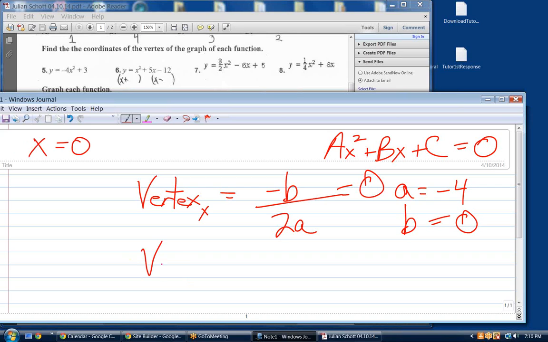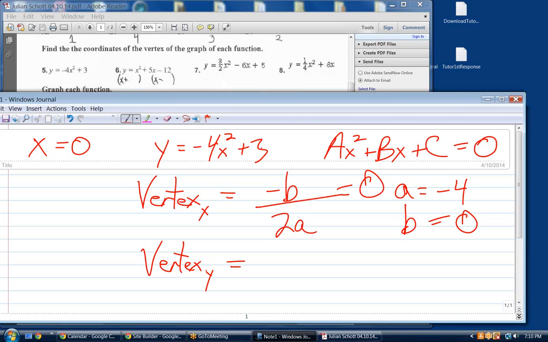So what does the y-coordinate equal? Here is our function. If the x-coordinate is 0, how are you going to figure out what y is?